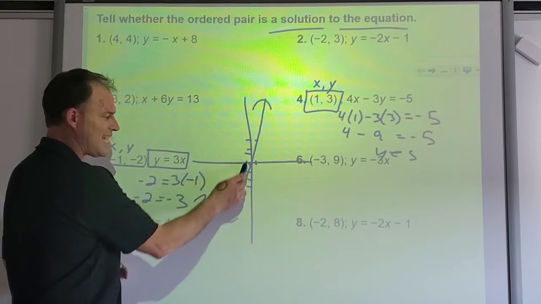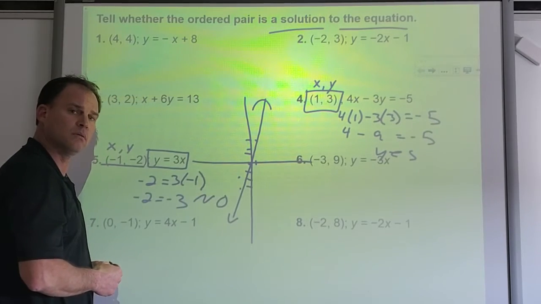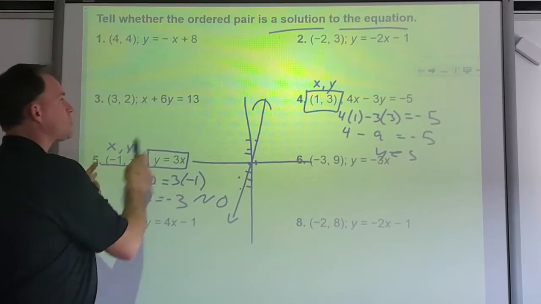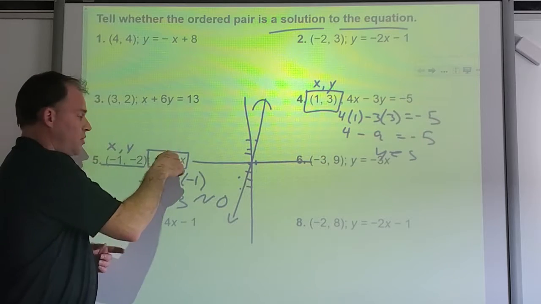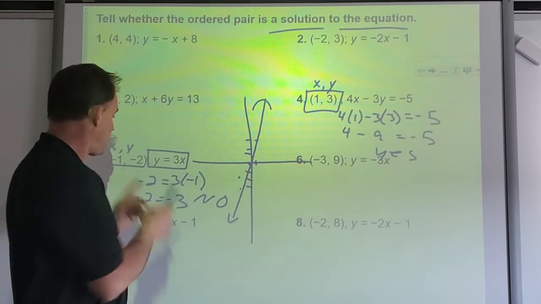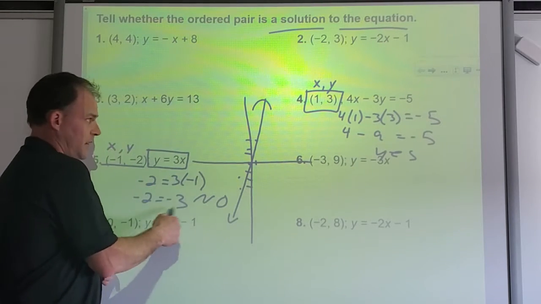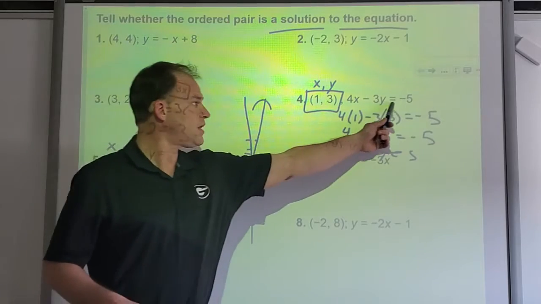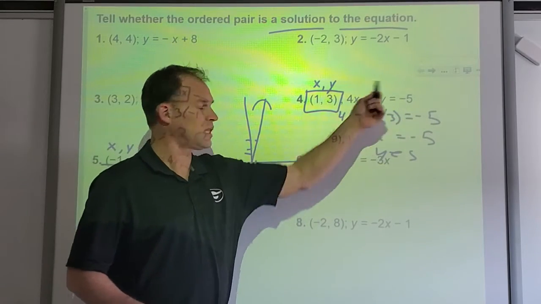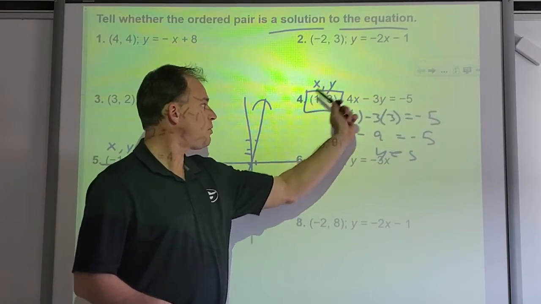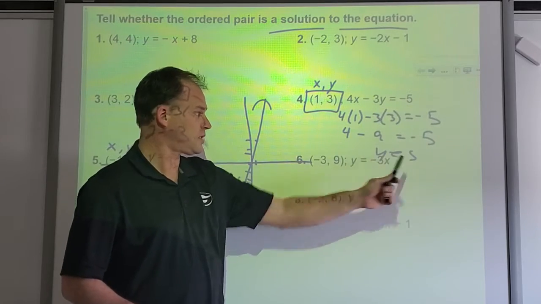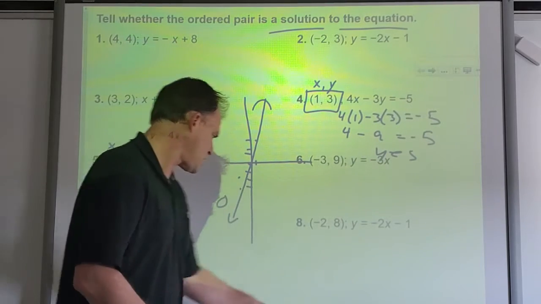This point is not on this line. That's what it means. So what we're trying to find out is, is this point on this line? So we plug it in, we work it out, and it came out to be no. If the point were on this line, it would work out, so that's what we're doing here.